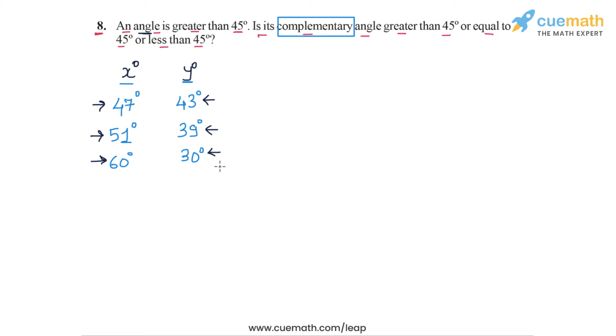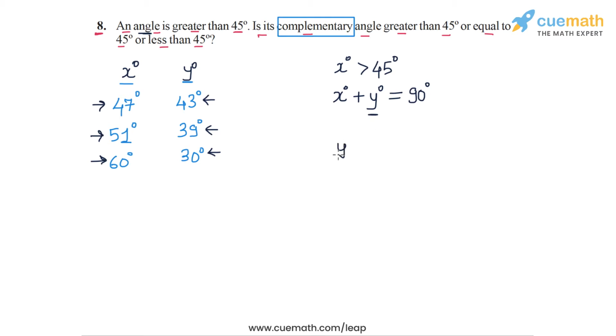But why should this be the case? Well, it's very simple to understand. If the original angle is greater than 45 degrees and the sum of x degrees and y degrees is equal to 90 degrees, then the second angle y degrees must be less than 45 degrees. And why?